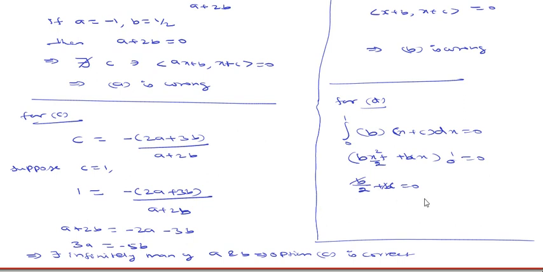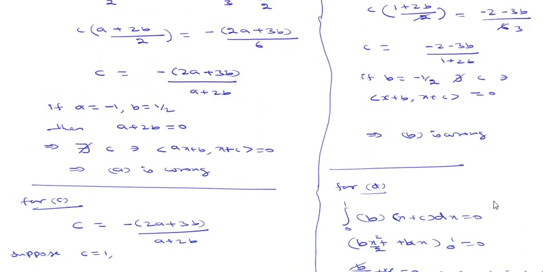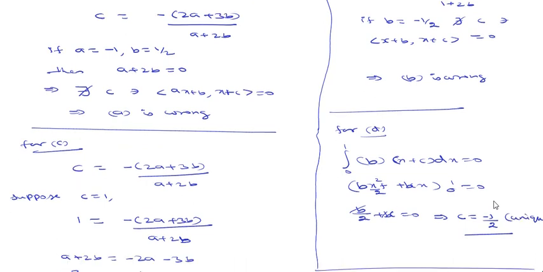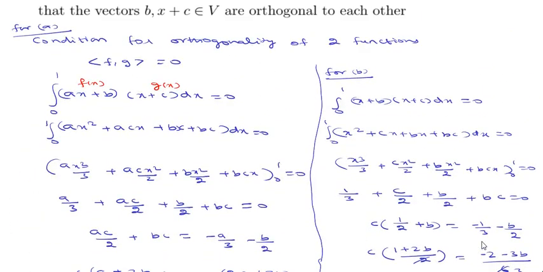So this implies c is minus 1 by 2. So for every non-zero real number, we get a unique c. Therefore, there does not exist infinitely many real numbers, so this implies option D is wrong.